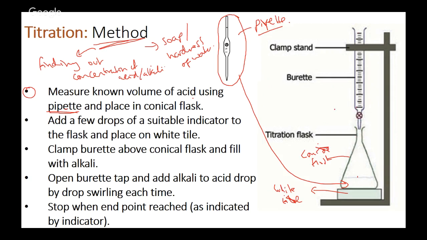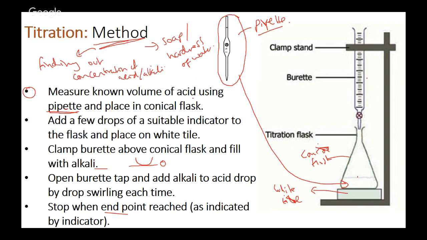On top then you clamp a burette and you fill that with your alkali until the meniscus of your alkali is at the point that it says 0. You open the burette tap and add the alkali to the acid, drop by drop, swirling each time, and then stop when your end point is reached. So when you see that colour change on your indicator.